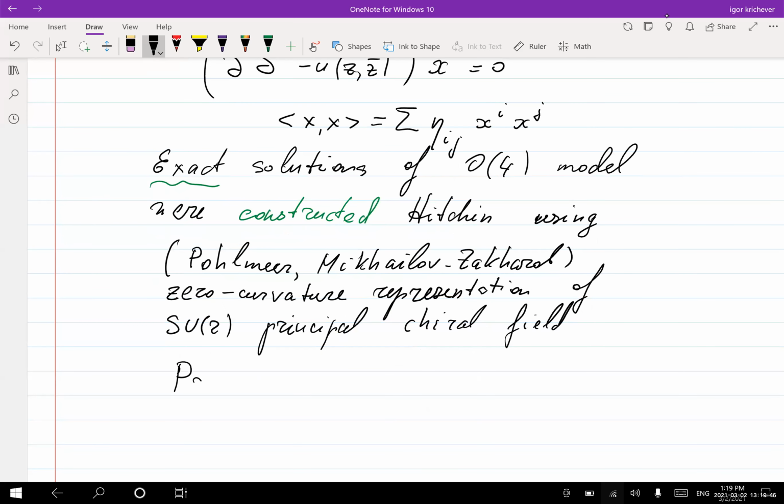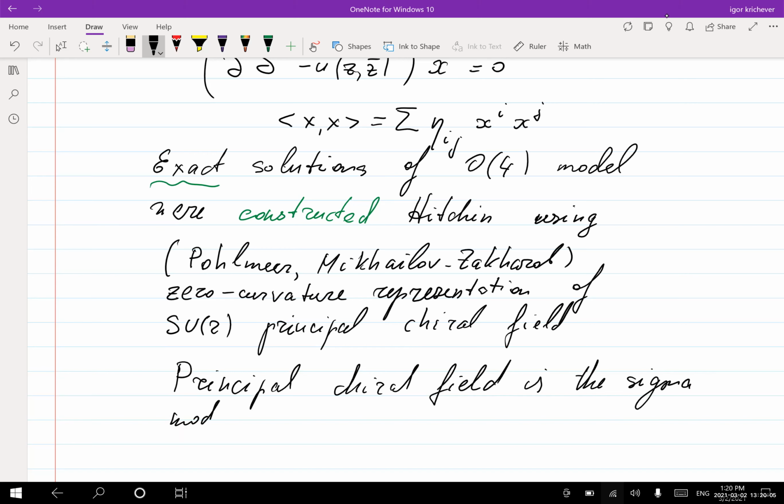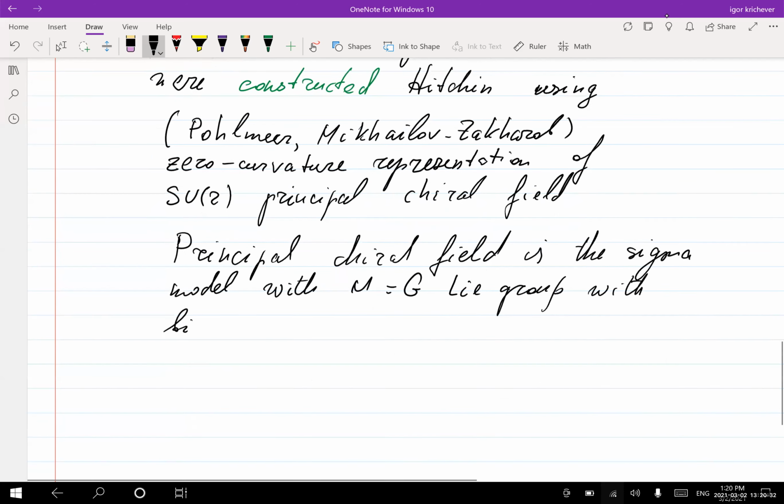So principal chiral field is the sigma model with target M that is a Lie group with invariant metric on it, with the metric invariant.